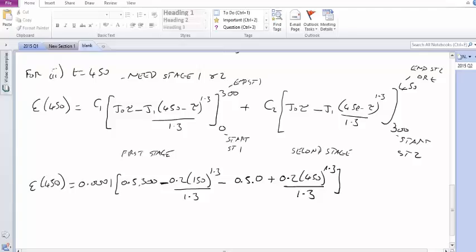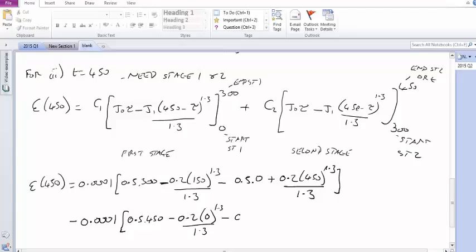We then have the second part. Now here we need a minus because the stress rate C is actually minus 0.0001, so that's why the minus comes in there. We then have 0.5 times the end limit, 450, minus 0.2 times 450 minus the end limit, 450, so that's times 0 to the 1.3 over 1.3.